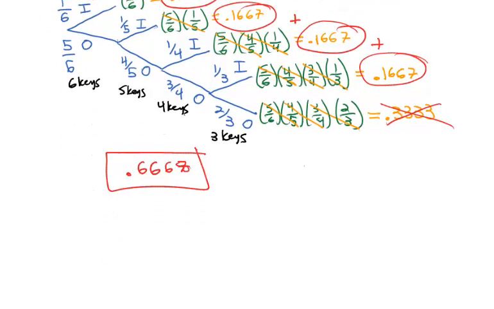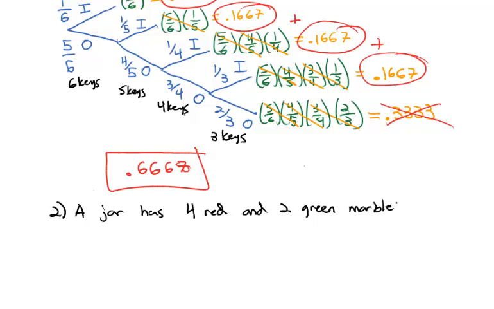Let's look at another example. Let's say a jar has 4 red and 2 green marbles. Another jar has 3 red and 1 green marble.